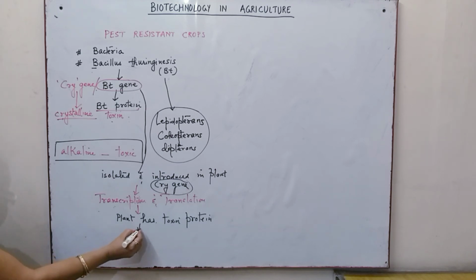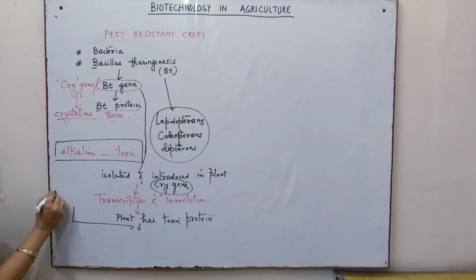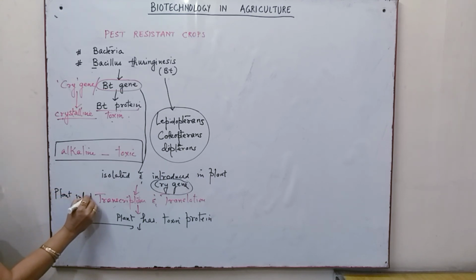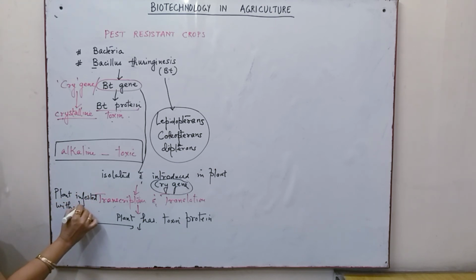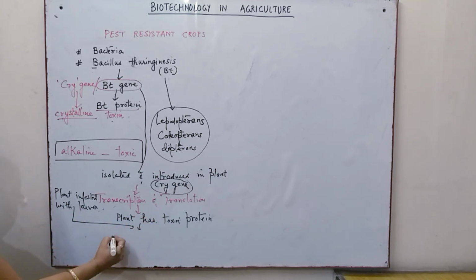When the plant is infested with larva, that is, when the larval stage feeds on the plant, this toxin protein enters into the gut of the larva.